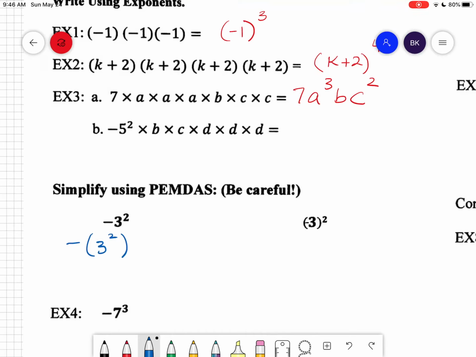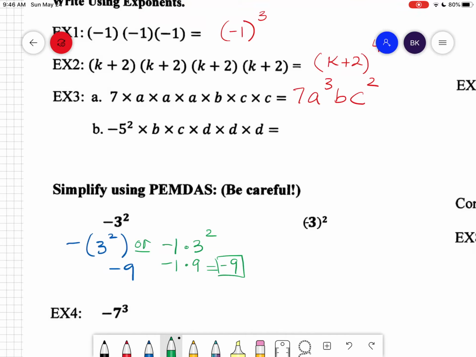So the opposite of 9 is -9. Do you see that? We can also write it like this. Negative is not just by itself. It has 1 attached to it. So we can say -1 times 3 to the second. 3 to the second is 9, so -1 times 9 is -9.